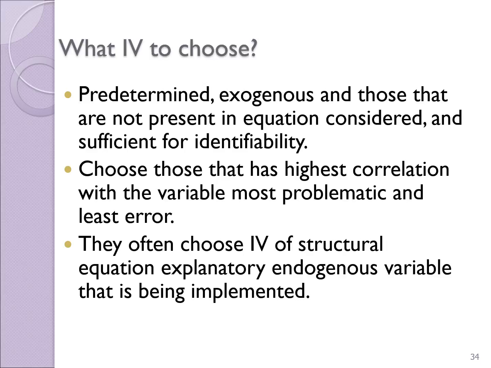Typically, you choose the instrumental variables that are in the equations of explanatory variables of the endogenous variable that you are going to instrument, and that is the general idea.